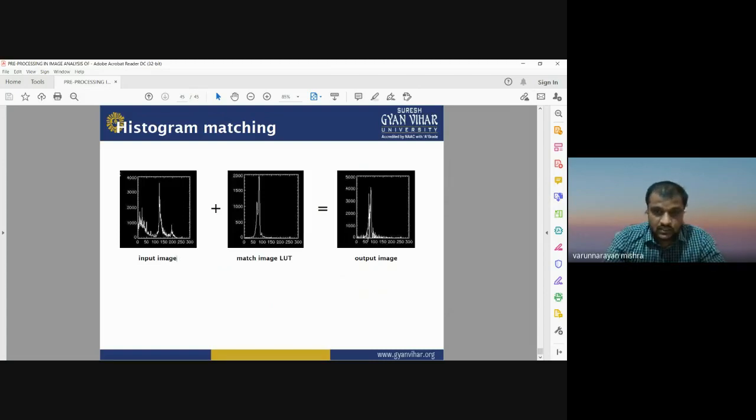In this range, between 100 and around 150, and here 50 to 100, the histograms of both images are matched. The final output image will have the histogram information from both the input image and the image used for matching.